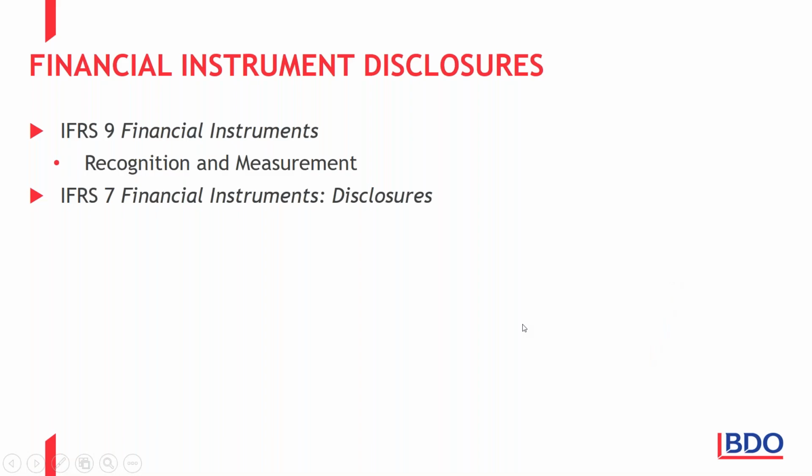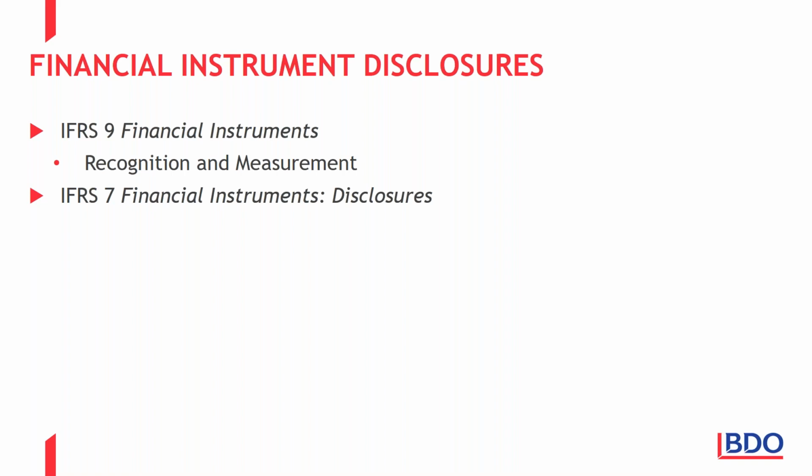If you look at financial instrument disclosures, IFRS 9 is the new financial instruments standard, and it's talking about recognition and measurement. But the disclosure requirements are in IFRS 7. And when the new IFRS 9 was issued, there were also at the same time changes to IFRS 7 to update the disclosure requirements around financial instruments.